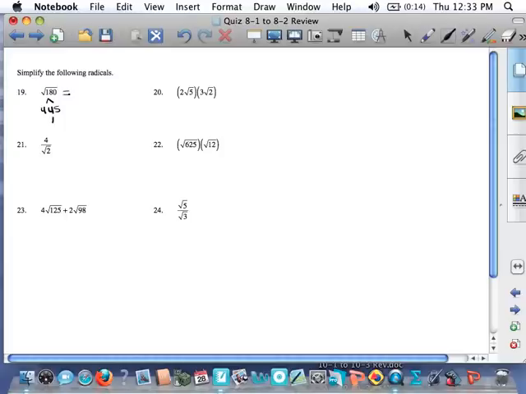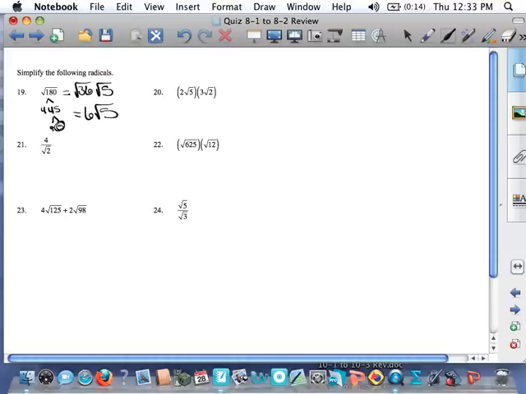So this becomes 9 and 5. Now take this non-perfect square and go back up, take 180 divided by 5. You will get the square root of 36 times the square root of 5, which is 6 root 5. So simplest radical form for number 19 is 6 root 5.